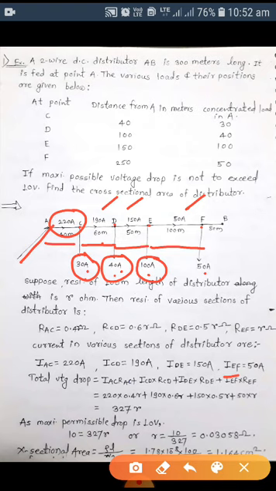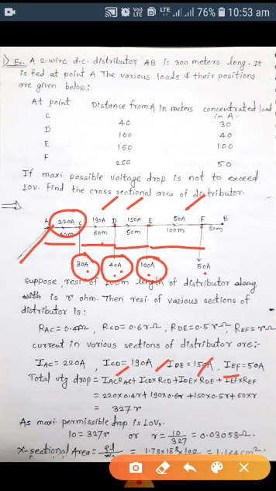Now the currents in various sections of distributor AB, we can write. Already we have represented all the currents in all the sections. IAC 220 ampere, ICD 190 ampere, IDE 150 ampere, IEF 50 ampere. Now to calculate the total voltage drop through the distributor AB, the drop in section AC is IAC into RAC. Drop in section CD is ICD into RCD.